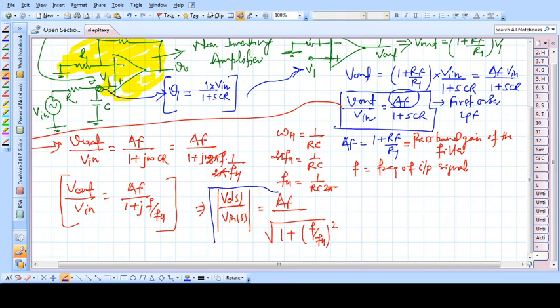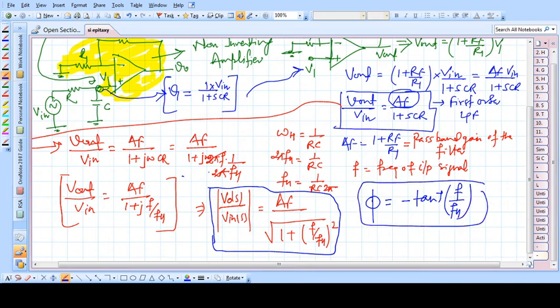This one is the magnitude part. And the corresponding phase should be minus tan inverse F by FH.